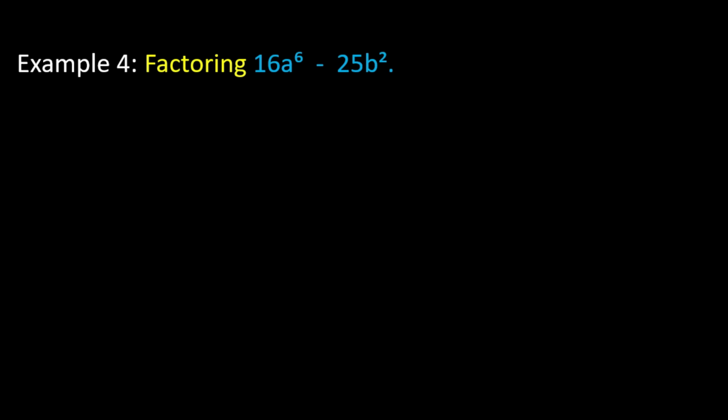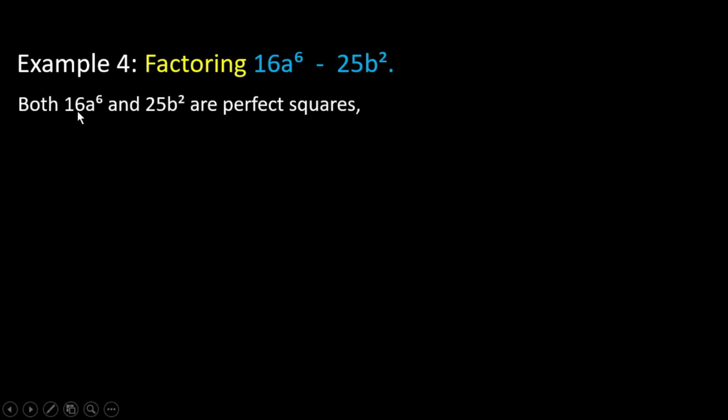So, hindi natin ito pwedeng i-factor using the difference of 2 squares. So, tandaan nyo lang. So, kailangan i-test muna natin kung talaga bang itong dalawang term na ito is a perfect square. So, kaya nga, sabi dito, both 16a to the 6 and 25b squared are perfect squares.